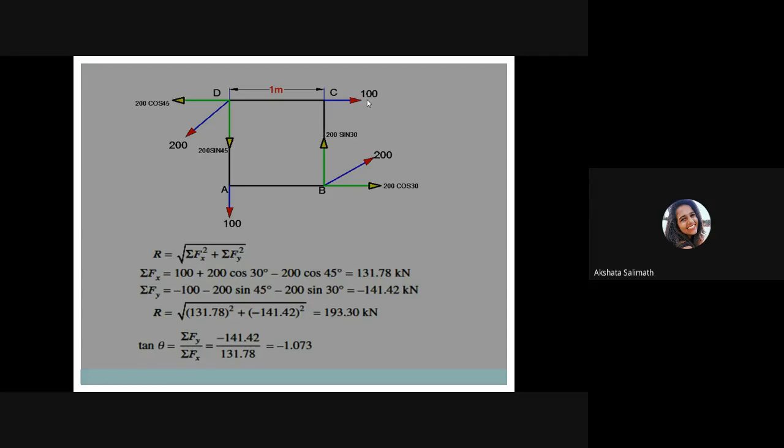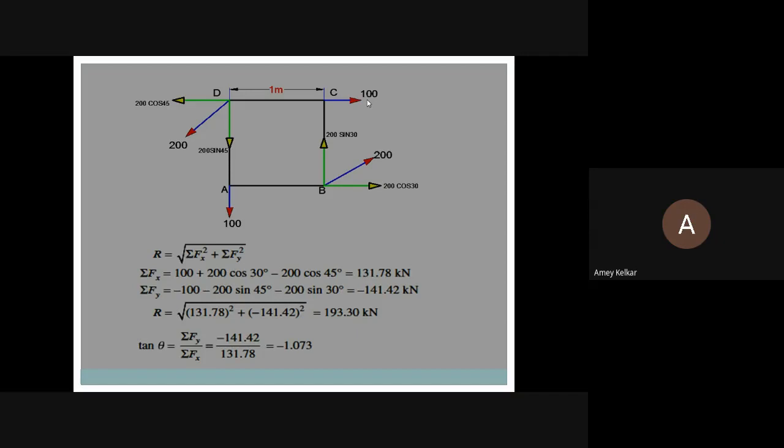Yes, sir, correct. Theta is minus 47.02.